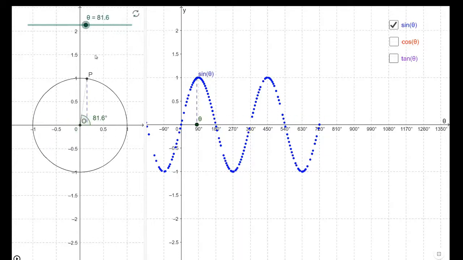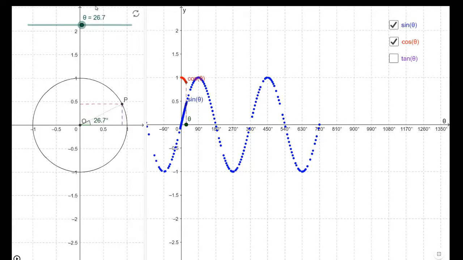This was the sine. Now when I put cos, this is what happens. Look carefully. The cos 0 is 1, so the graph starts from 1 and it keeps going.